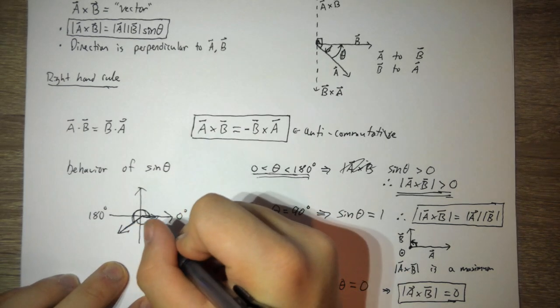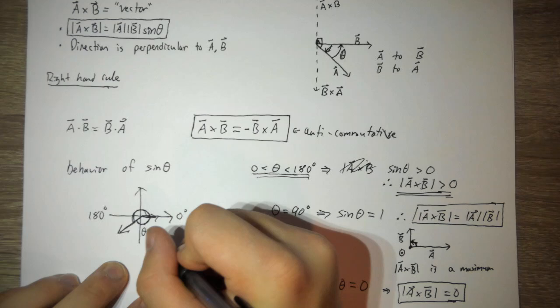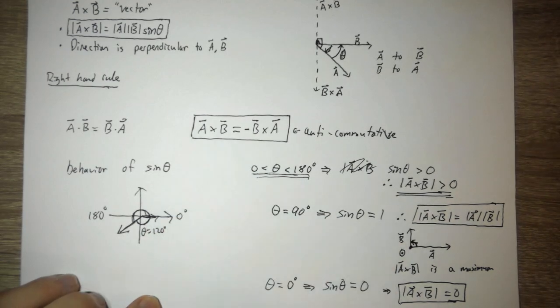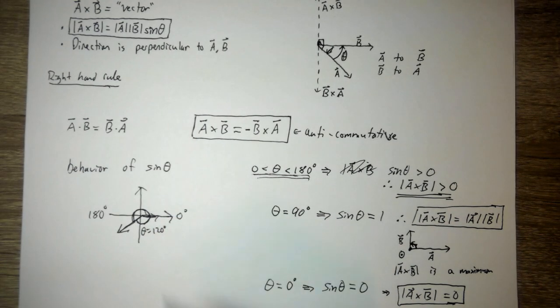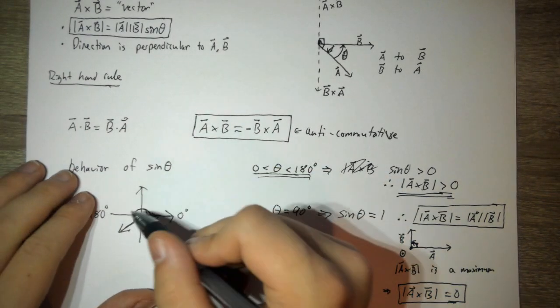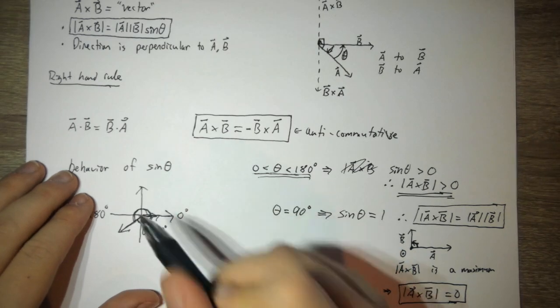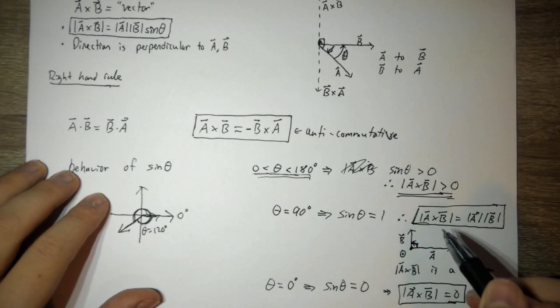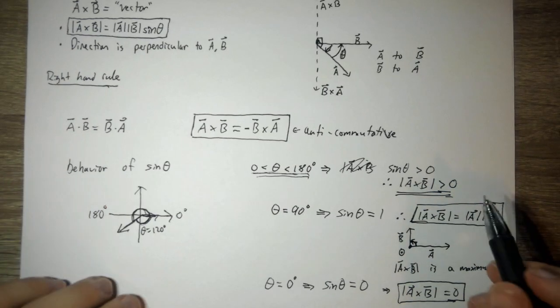We would take this angle and say, maybe that's 120 or something like that. You would take the smaller of the two angles, otherwise this magnitude would be negative, and we don't want that.